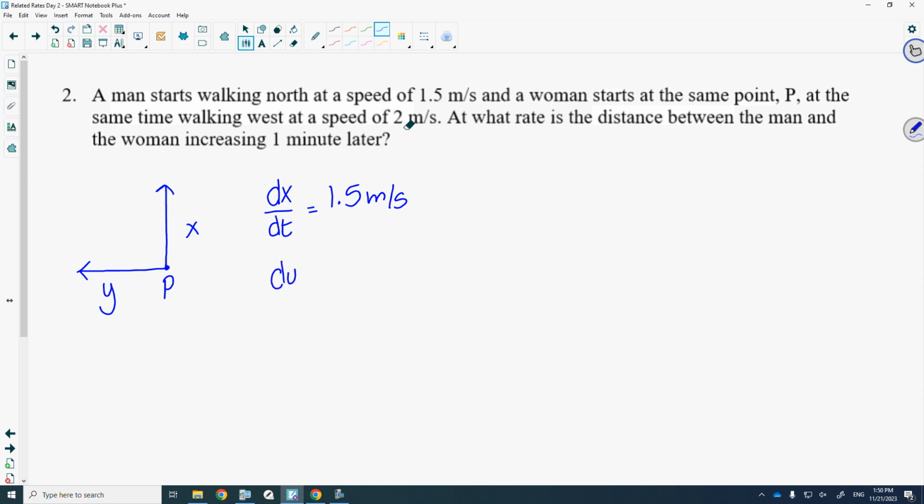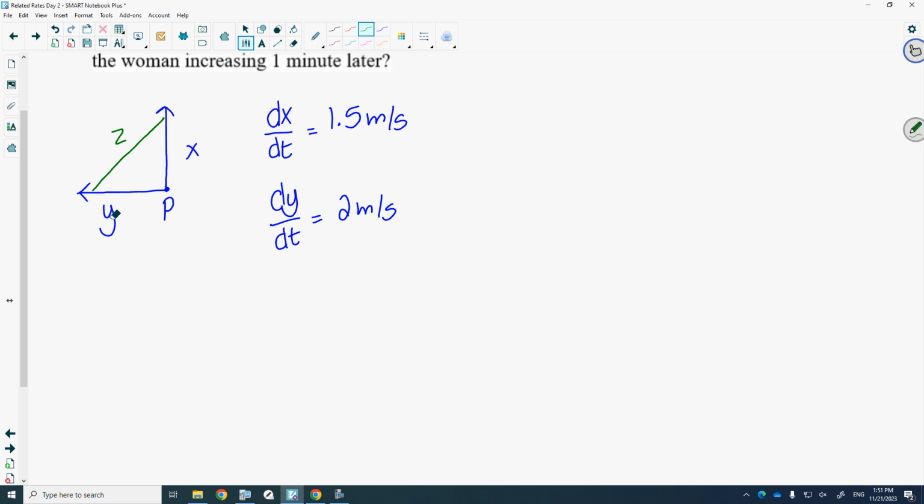So dy dt is going to be 2 meters per second. The distance between the man and the woman would be this, and that would be z. And that distance is going to be changing. As they keep walking further and further away from point P, the rate at which z is going to change with respect to time, so dz over dt.